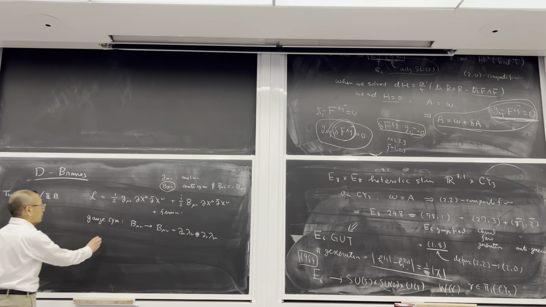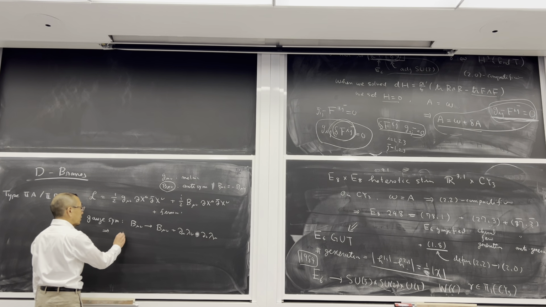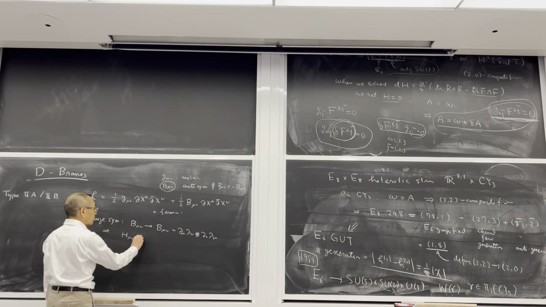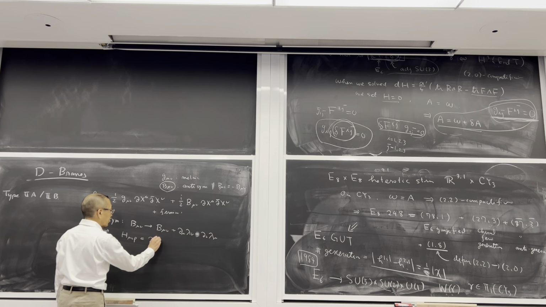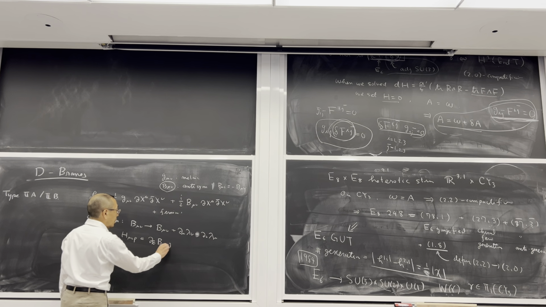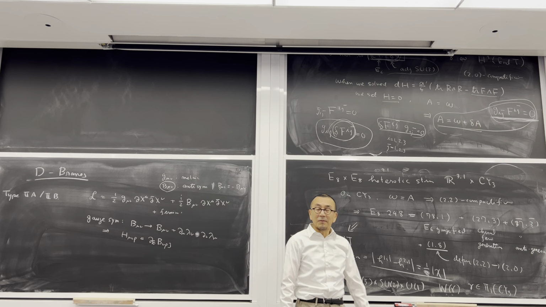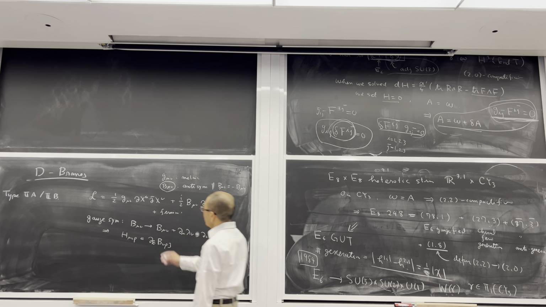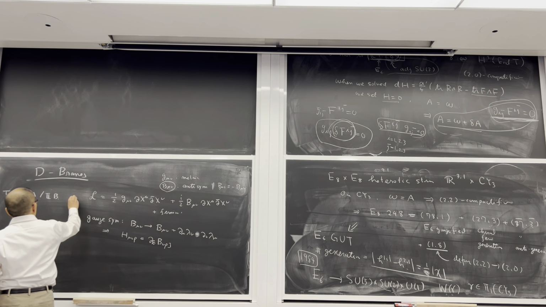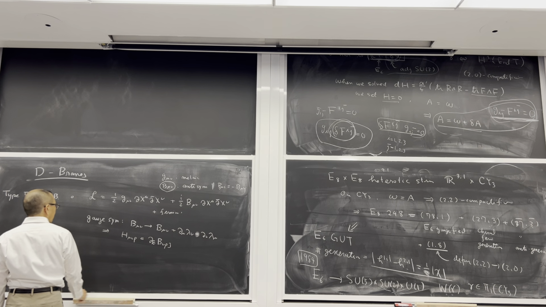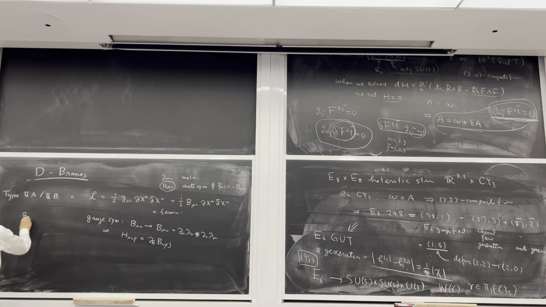And therefore the field strength is H mu nu rho, which is the totally antisymmetric version of the B field. And this was what was used in the analysis of Calabi-Yau compactification. So this B field is in the NS sector.